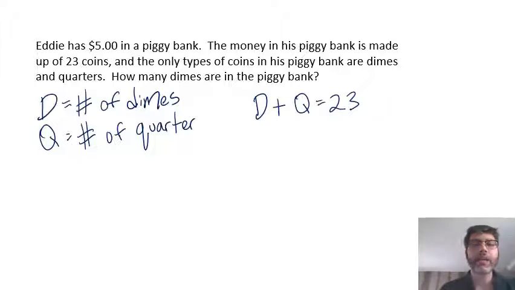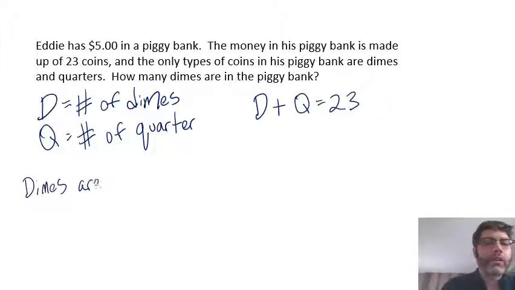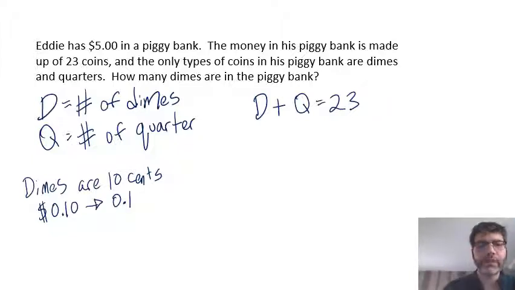The other equation that we can come up with uses the fact that each dime is worth 10 cents. So all dimes are 10 cents. In this problem, we're going to write 10 cents as $0.10, or just 0.1 for short.